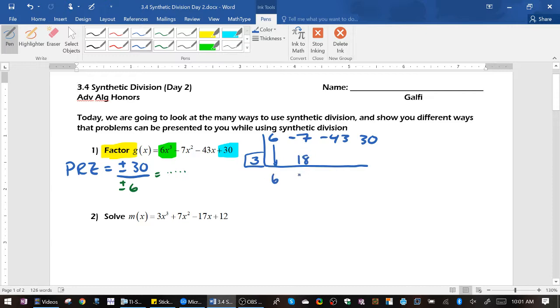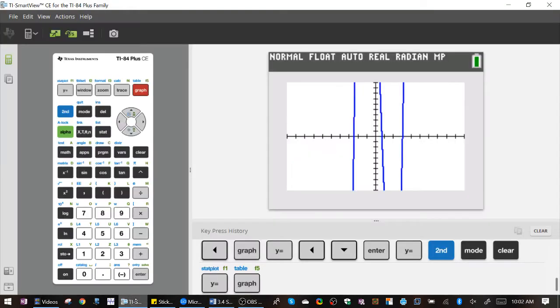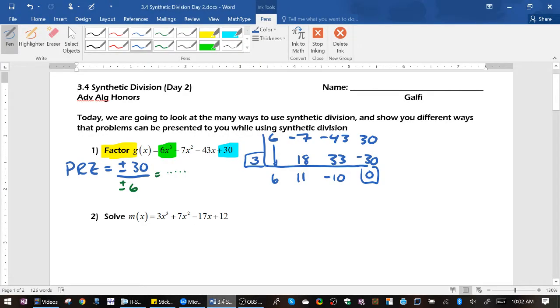I add these, I get 11. Multiply, I get 33. Add them, I get negative 10. Multiply, I get negative 30. When I add them, I get 0. So the fact that I got 0 verifies that 3 is a solution for me. All right, that's what I want to see.